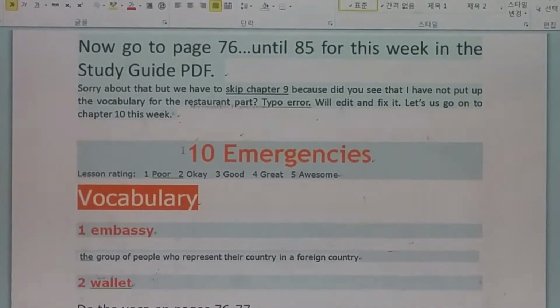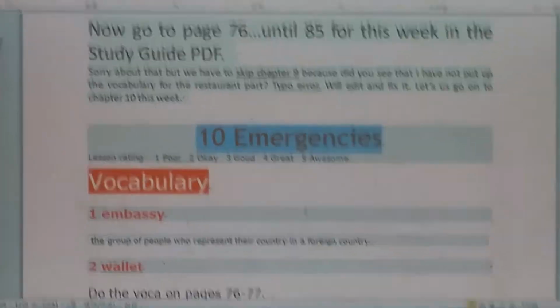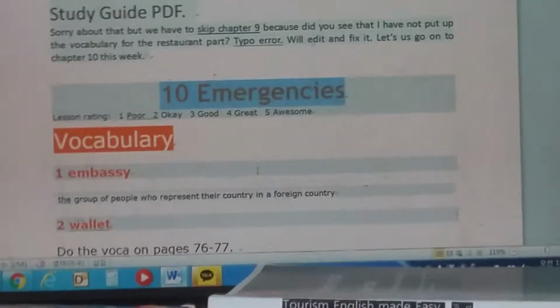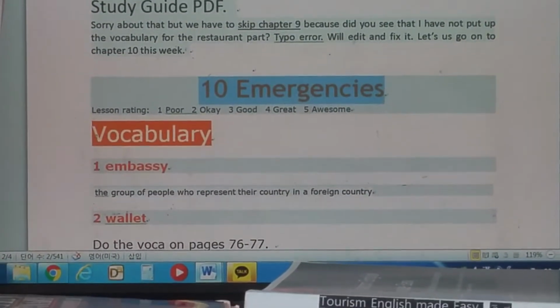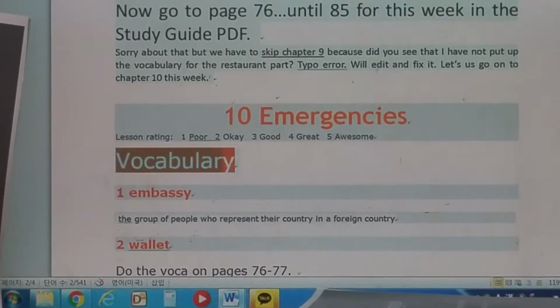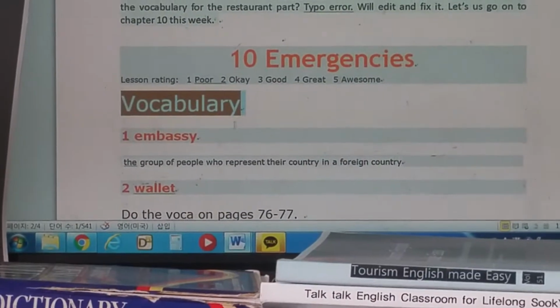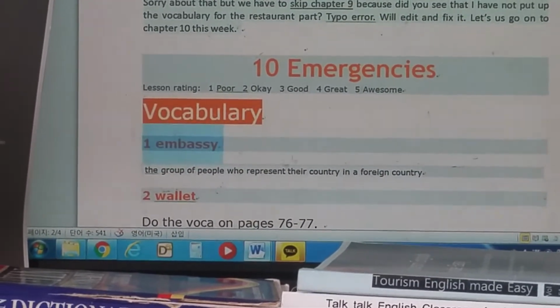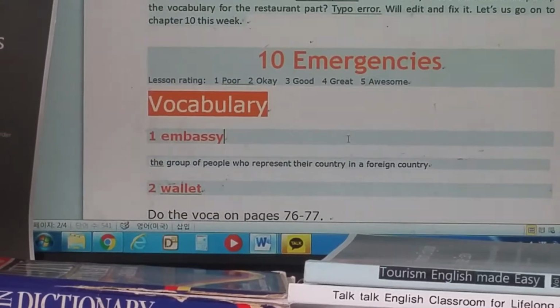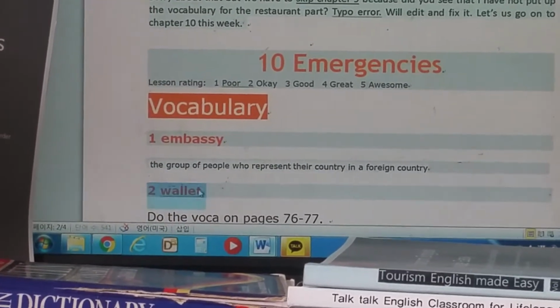Chapter 10 is about emergencies, right? So what do you need to do with emergencies? Very simple. Grab your dictionaries. What is embassy in Korean? You write it here. What is wallet?